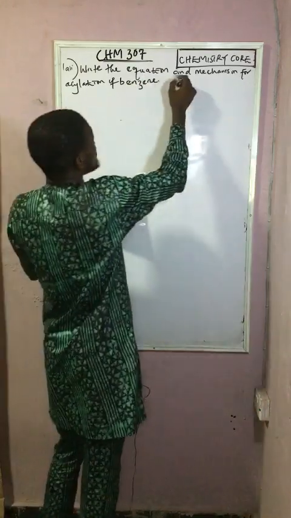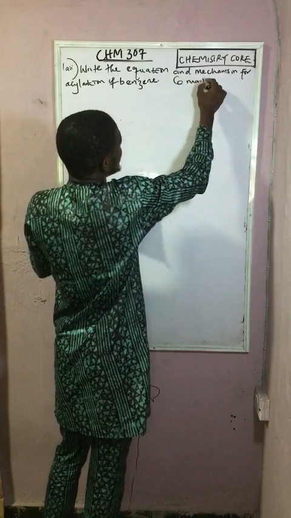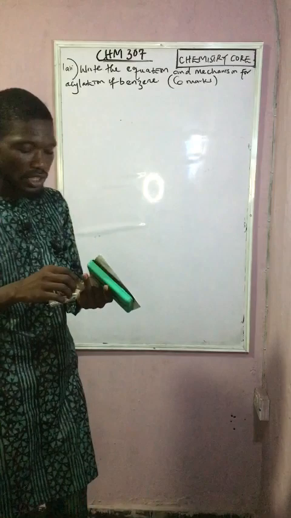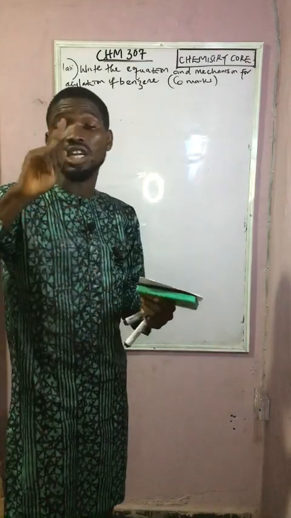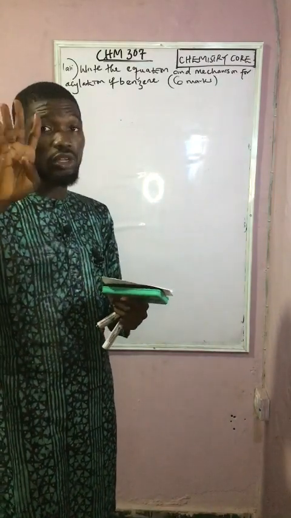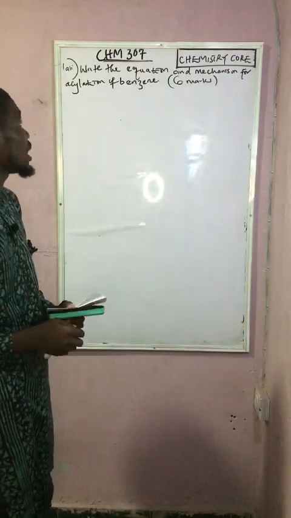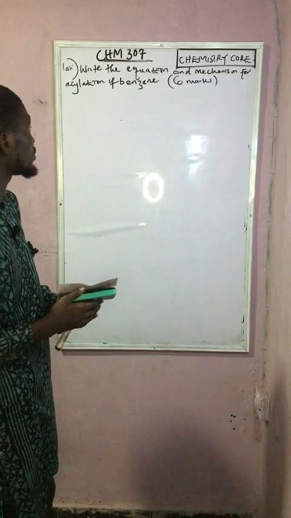This carries 6 marks. The first one I did earlier carried 4 marks. That is, each of the structures carries one mark, and we did only 4 structures. So now write the equation and mechanism for acylation of benzene.